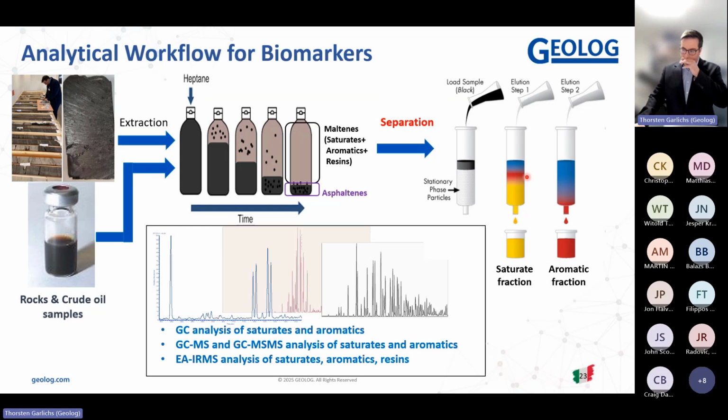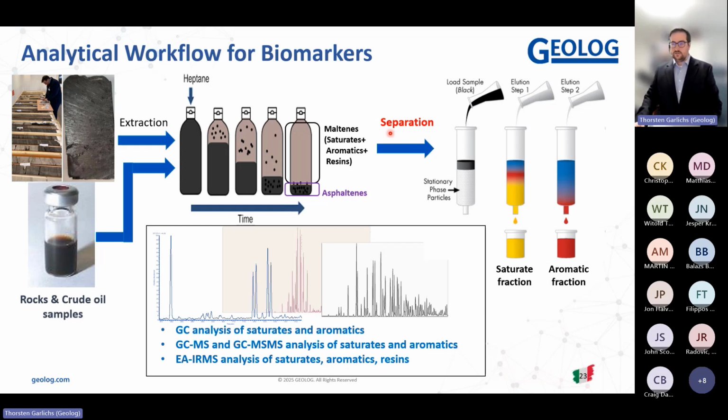Of course, we would like to use the saturate fraction and aromatic fraction, which is coming out of the separation process, to run our standard gas chromatography for the different fractions, and also the GCMS and GCMSMS for biomarkers and age-specific biomarkers, or the compound-specific isotopes on all the fractions. So the separation effect, this is very important.